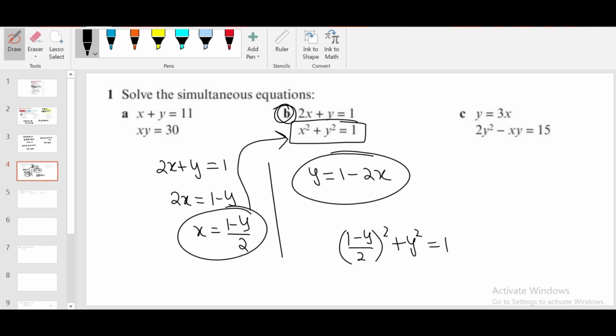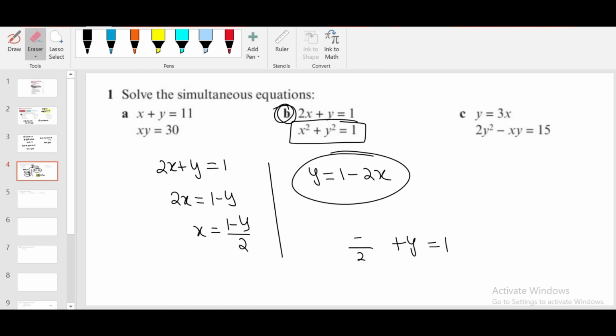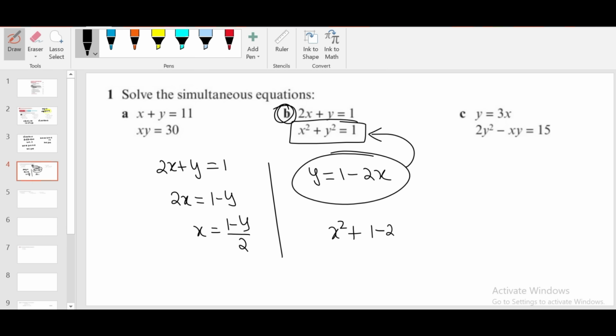It is perfectly alright. The only thing is you have to deal with the fraction. So if you don't want to deal with the fraction, you sub in y into the equation. That's why you can make y the subject first. So you will get x squared plus y squared is equal to 1.